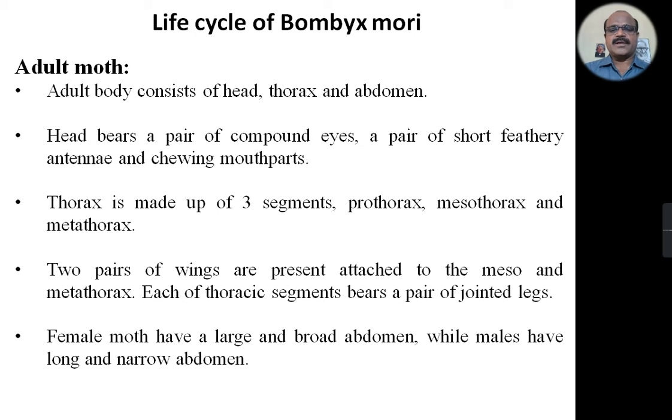So the female moth is different from the male, because the female moth has a large and broad abdomen, whereas the male moth has a long and narrow abdomen. These are the characteristic interesting features of this adult moth.